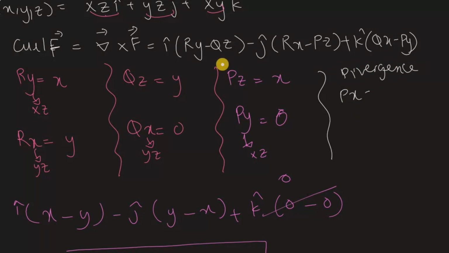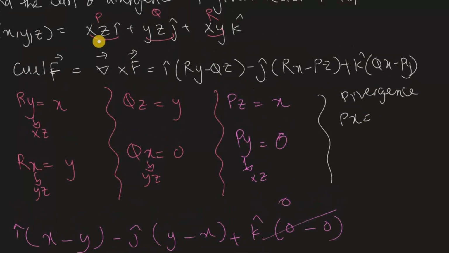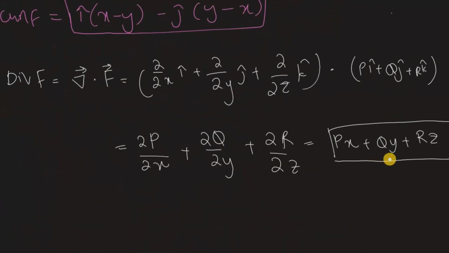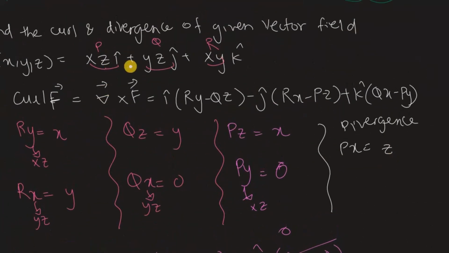Okay, p of x. So this is my p, and we're differentiating with respect to x, so that's only going to be z. Okay, and next we have q of y, so that's going to be z as well.